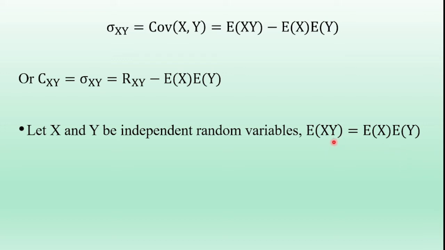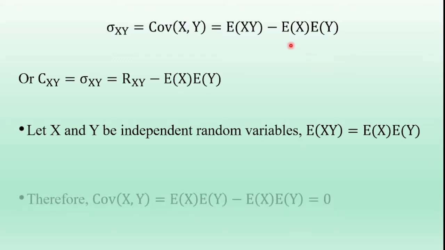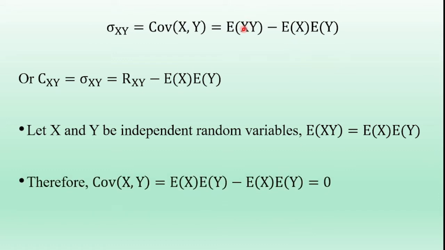That is, expectation of xy is equal to expectation of x into expectation of y. Applying this condition to the equation, we get covariance of x comma y is equal to expectation of x into expectation of y on the RHS, minus expectation of x, expectation of y, which cancels. So the remaining RHS term is 0.